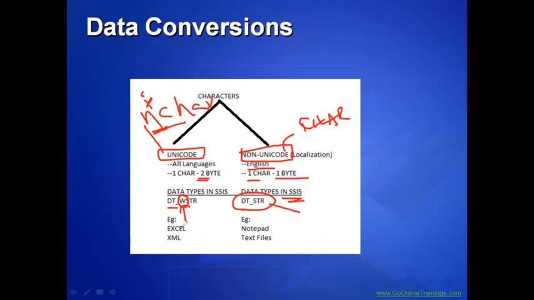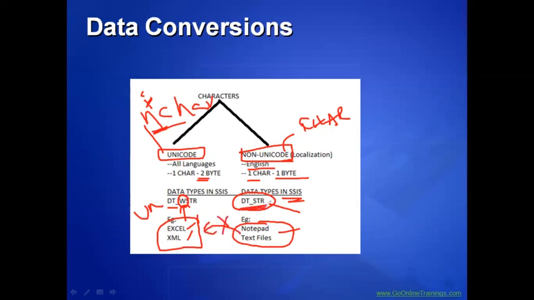Examples like Excel and XML, even today, they can support Unicode data, but Notepad and old text files cannot support this. They will be supporting non-Unicode data. Sometimes when you want to get Notepad data and dump it to Excel, it will fail. Why?